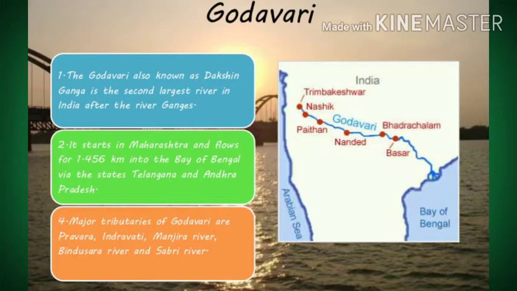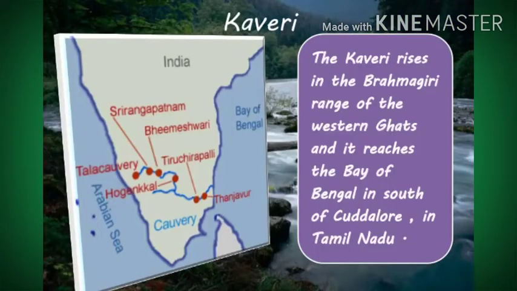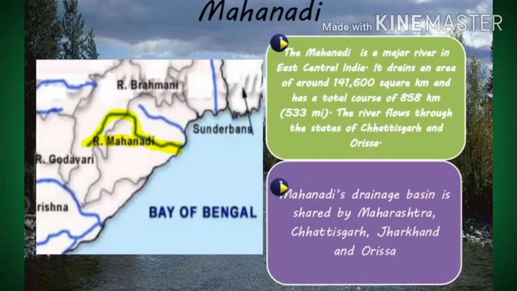The Narmada originates on the western flank of the Amarkantak Plateau at a height of 1057 meters and falls into the Arabian Sea. The Tapi is the other important westward flowing river. It originates from Multai in Betul district of Madhya Pradesh.